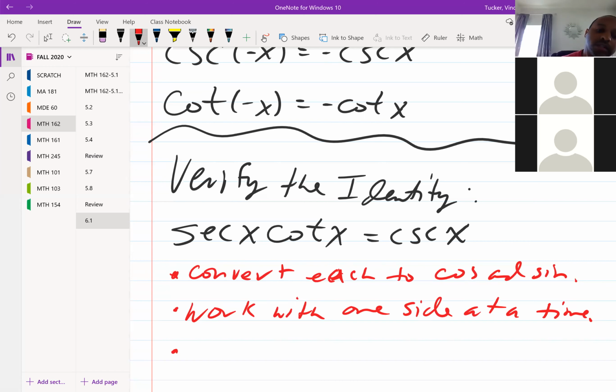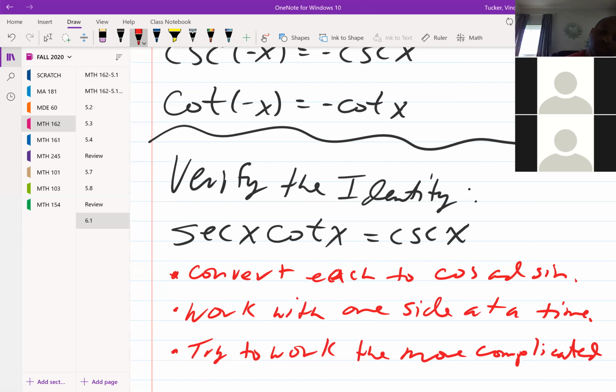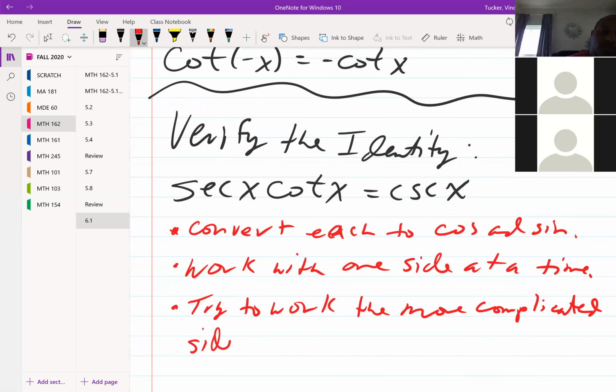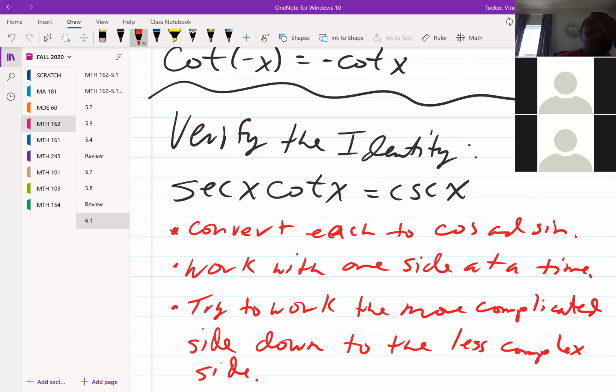And simpler. Let's do it. All right, so just a few things we can try to do.